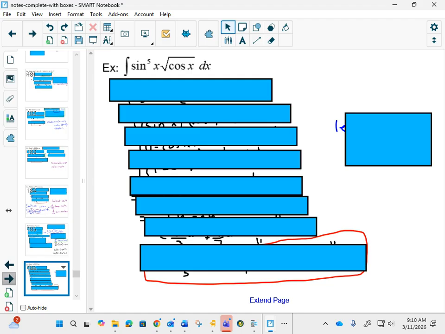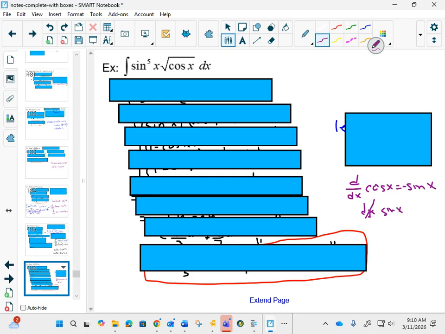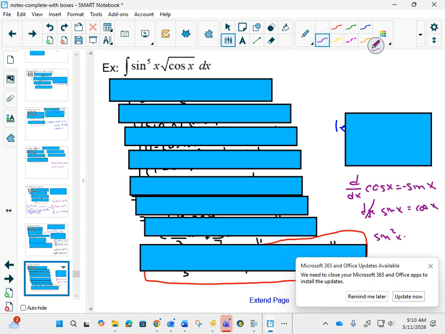So I could write out all the things, right? Here are all the things I know. I know d dx of cos x is negative sine x. I know d dx of sine x is cos x. I know that sine squared x is 1 minus cos squared x.